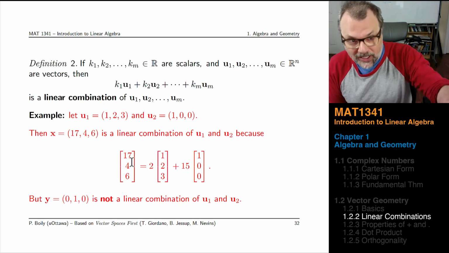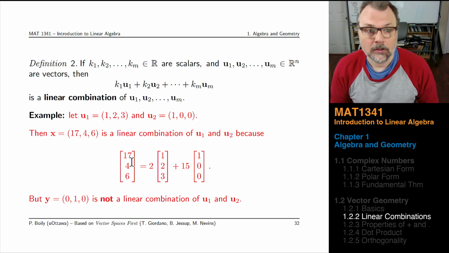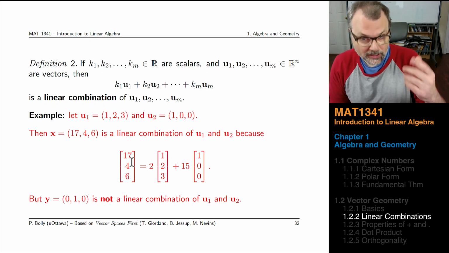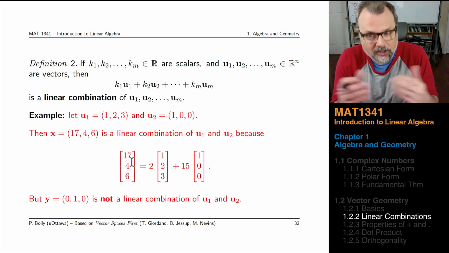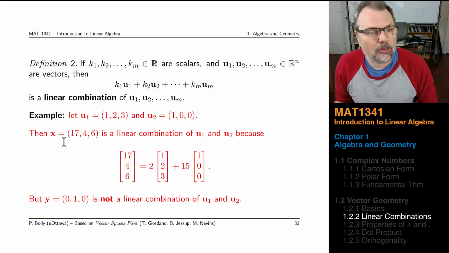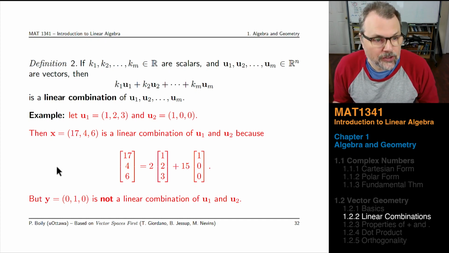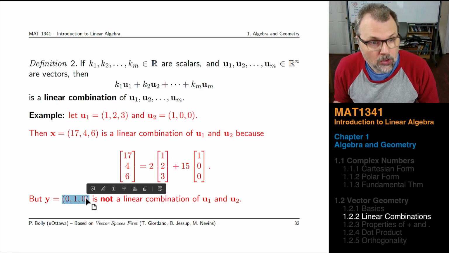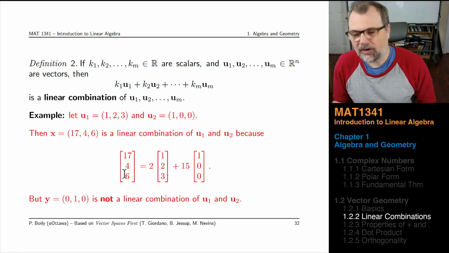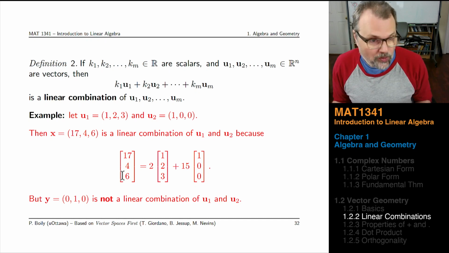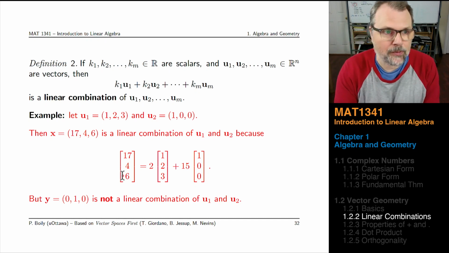But if I give you the scalars, k1 and k2, which are 2 and 15 in this case, and I give you vectors u1 and u2, you can verify that this other vector, this x here, is indeed a linear combination of the vectors. But if you look at 0, 1, 0, which here is written as a row, and here I'm writing it as a column, but I'm really talking about the same thing here. If we look at the vector 0, 1, 0, let's see what would happen.